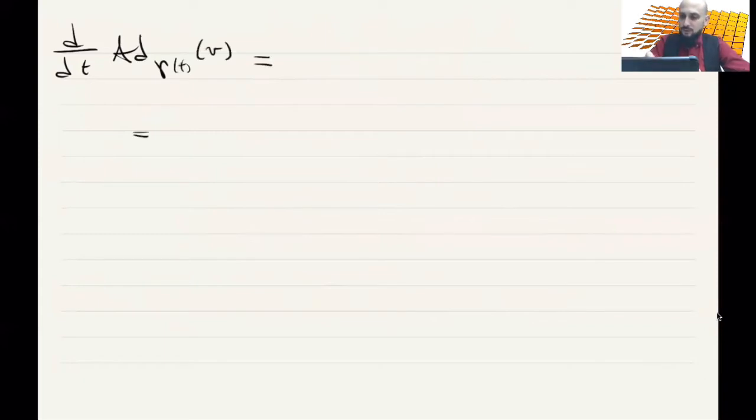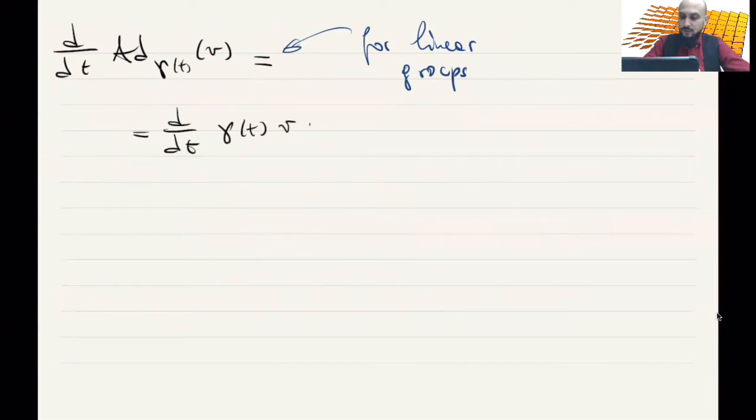So for linear groups, this is d over dt, where the adjoint becomes just the conjugation, gamma(t) v gamma(t) to the minus 1.